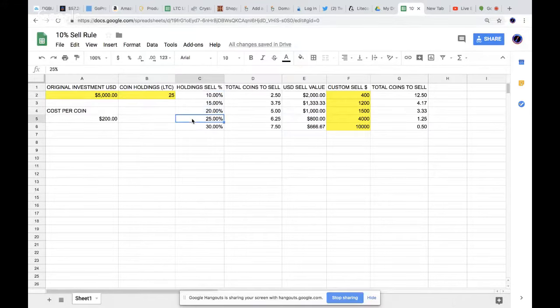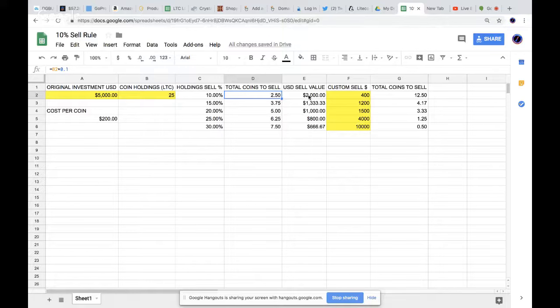Everybody's situation's different. If you need 25, 30%, I'm going to make it so that it's up to 50 for you guys. I don't suggest going higher than 20% though. But as you can see, 10% of your total holdings would be 2.5. That already figures itself out as soon as you put this number in.